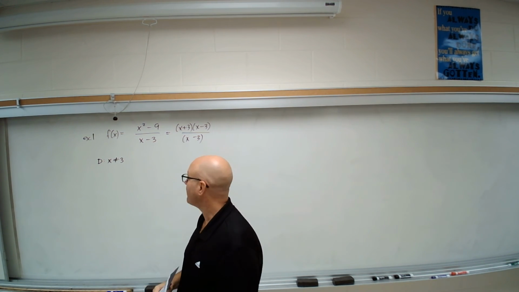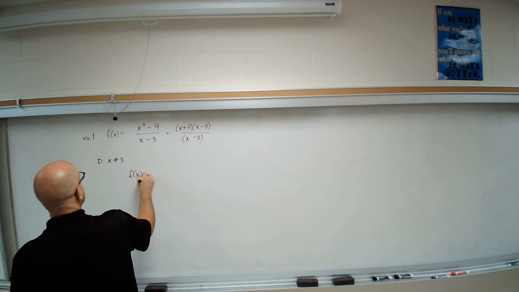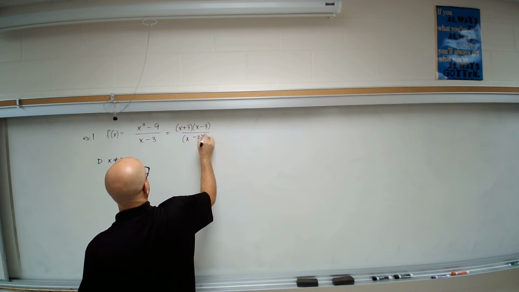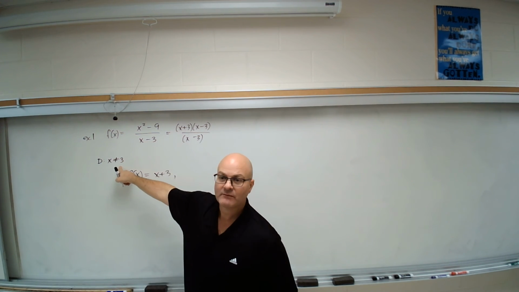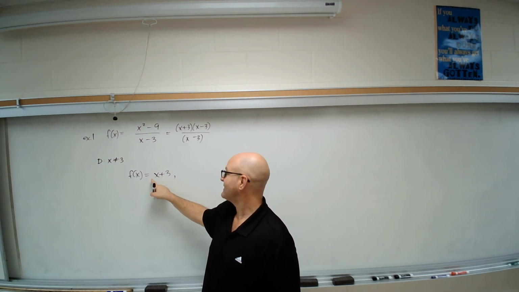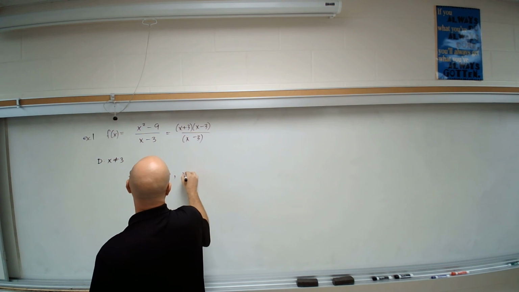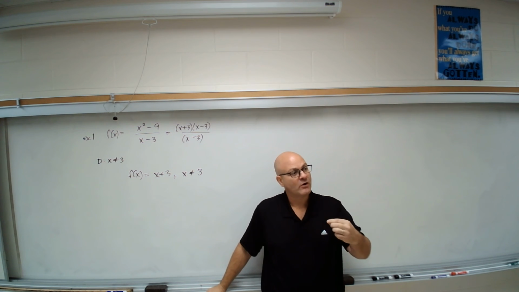So we're going to simplify it, and we're going to write it as f of x equals x plus 3, but this domain restriction still applies. So we're going to say f of x equals x plus 3, x cannot equal 3. Because the original domain restriction still holds.